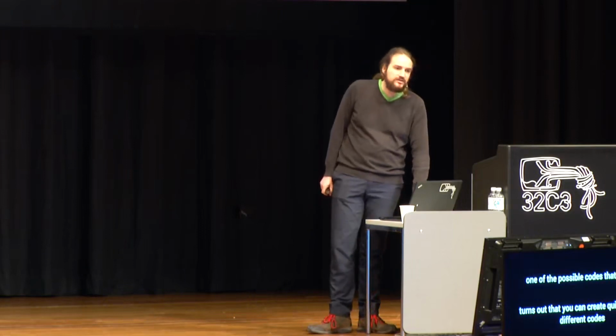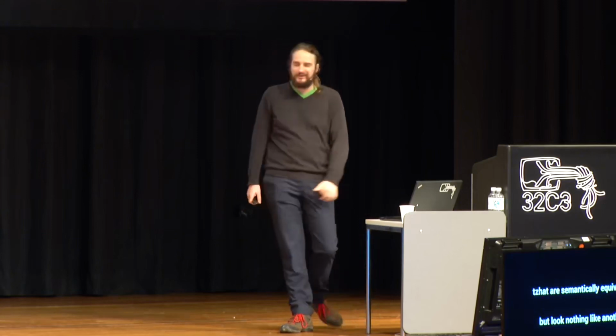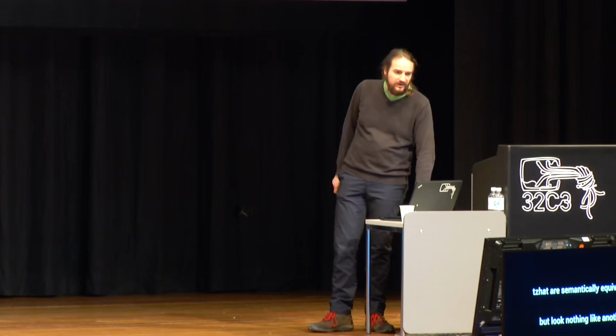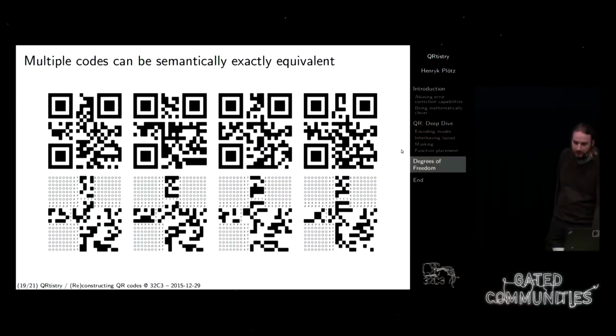All of these codes encode, you can try that with your reader, the exact same sequence, hello 32C3, but they don't look anywhere near close to each other in the encoded version. And they also don't look particularly similar in the debug version. So this at the top is with masking applied, and this at the bottom is without masking applied.